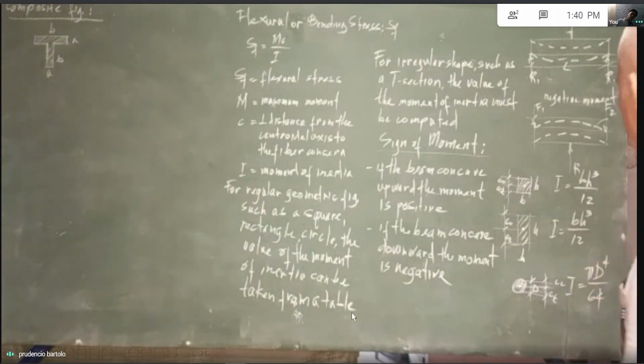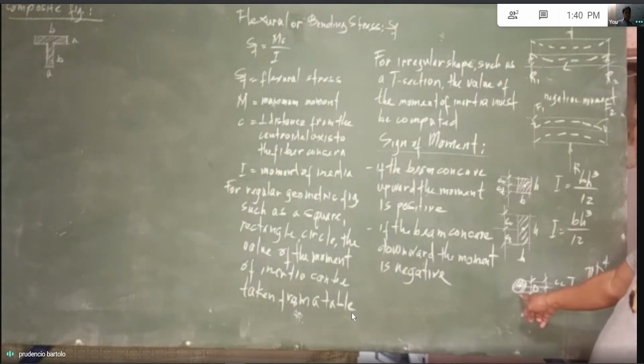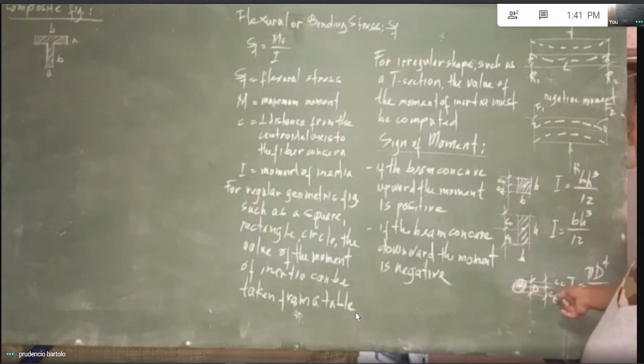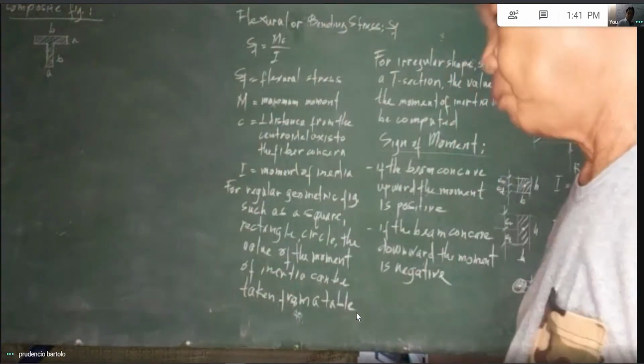If our cross section is a circle, the C under tension and the C under compression will still be the same. I now will be equal to pi d to the 4 all over 64.